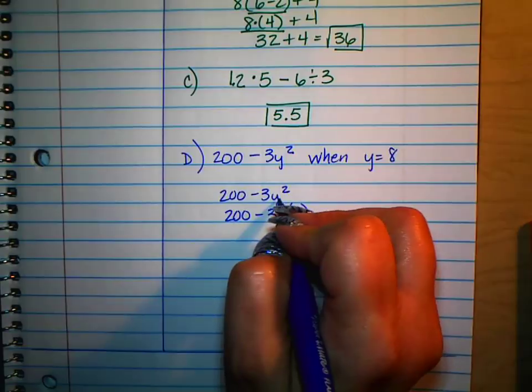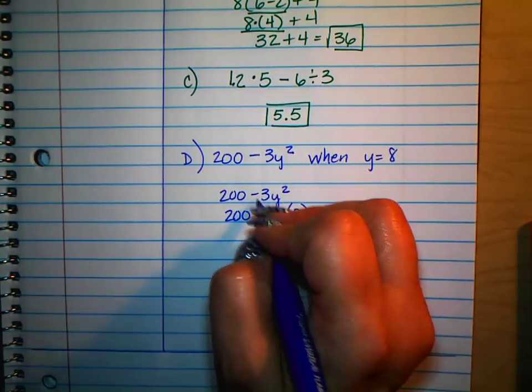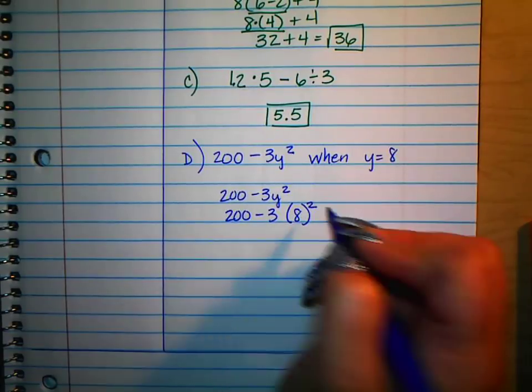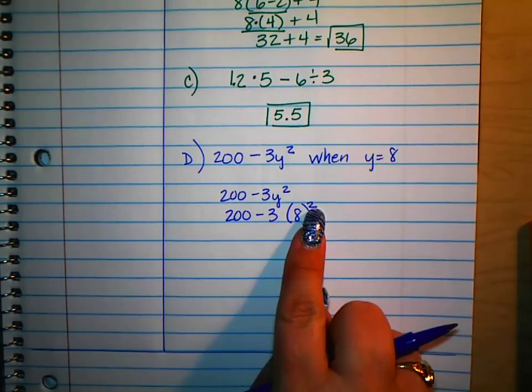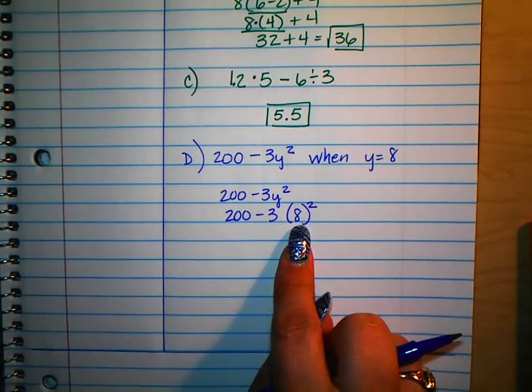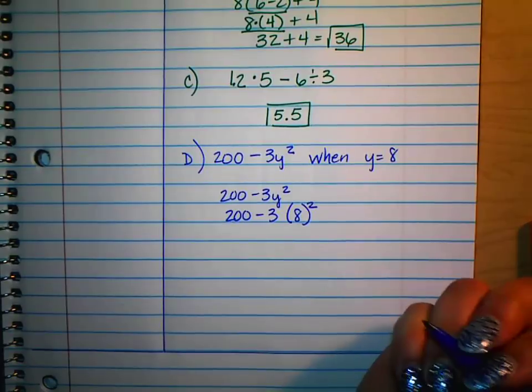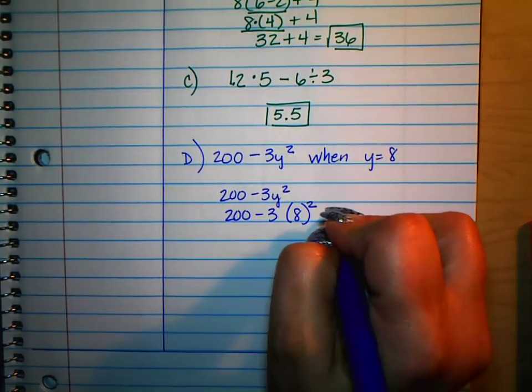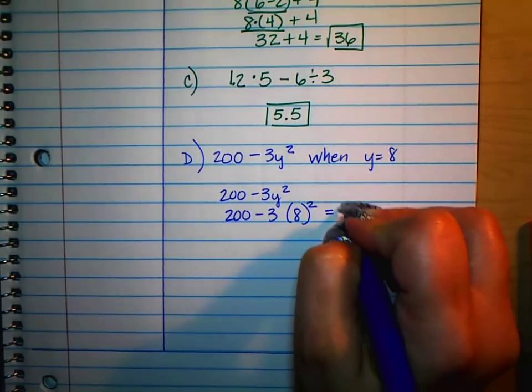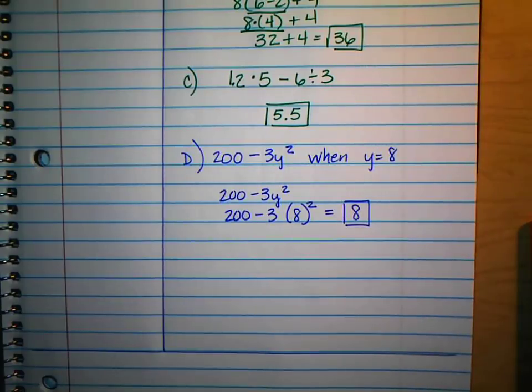The 3 is not involved in the exponent. If it was, we would see parentheses around there. So we're first going to do this exponent, then the multiplication, then the subtraction. But of course, I'm going to use my calculator, and my answer is 8.